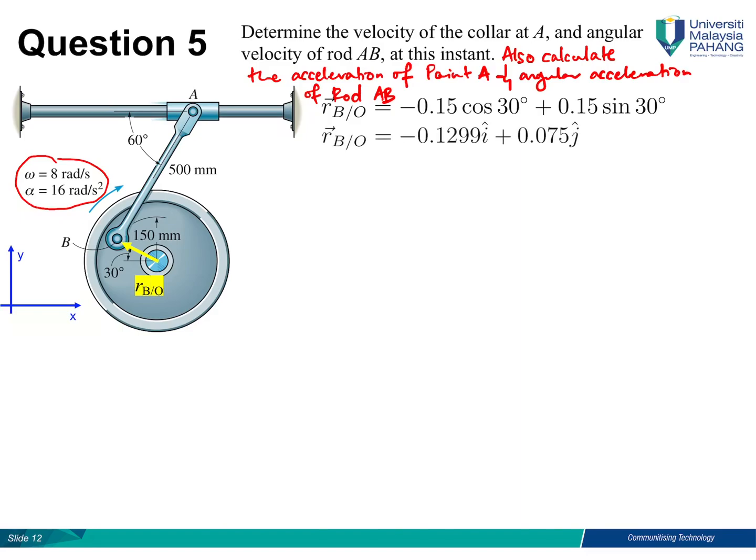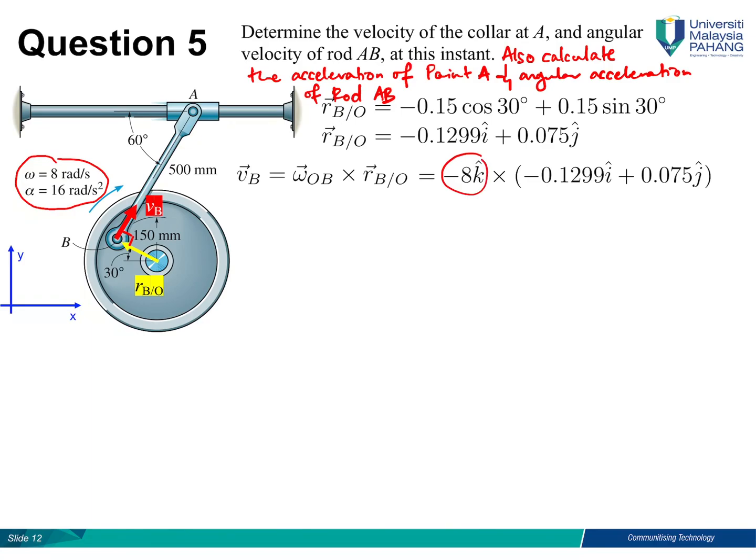So we have RB/O equal to minus 0.1299 I plus 0.075 J, and we know VB must be 90 degrees to this. You can calculate VB using this equation for rotation. It is equal to minus 8k, minus 8 because it is clockwise.